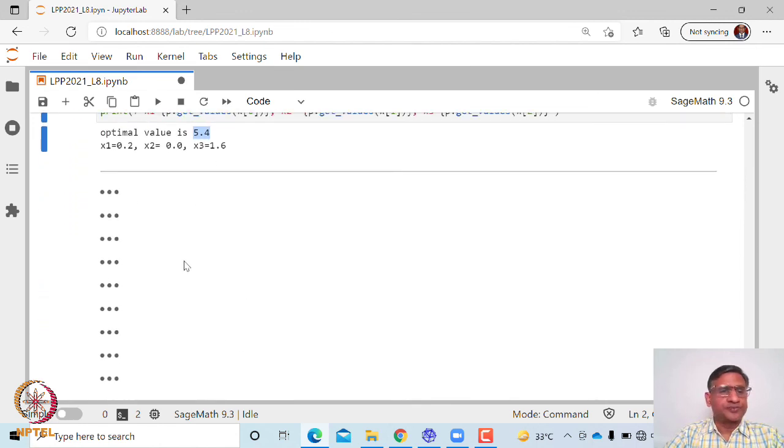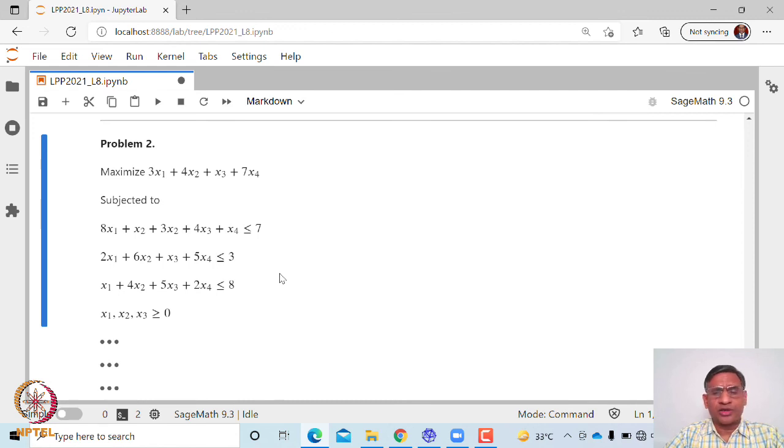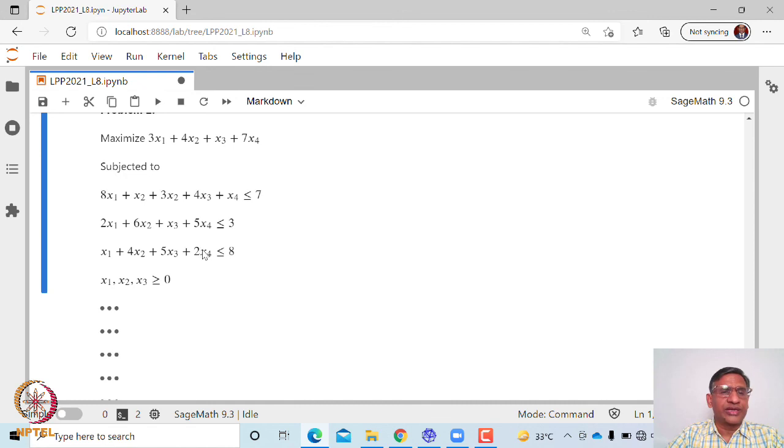Right. So let us look at one more problem just to consolidate what we are doing. This is a problem in 4 variables. Maximize this subject to these less than or equal to constraints.